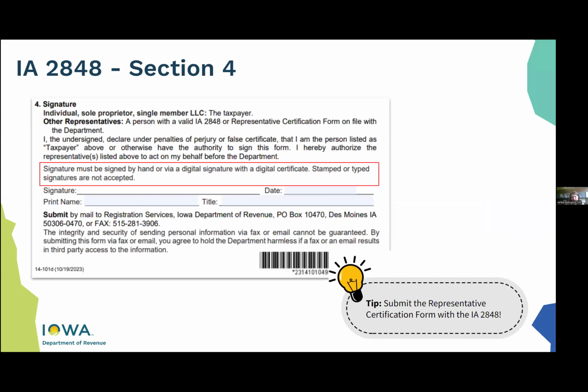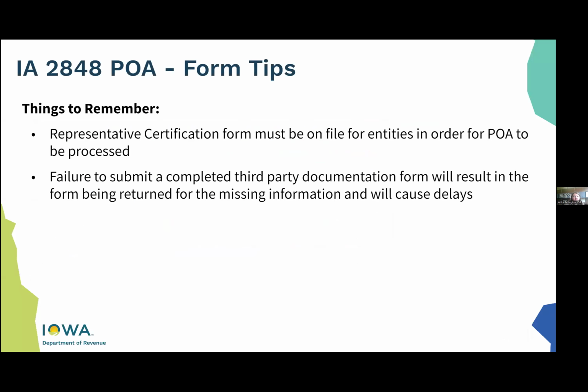So we recommend that for entities other than individual taxpayers that they also include what we call the representative certification form with the Iowa 2848, so it has a higher likelihood of being approved. And then just a reminder that stamped and typed signatures are not accepted. We will talk more about this representative certification form here in just a moment.